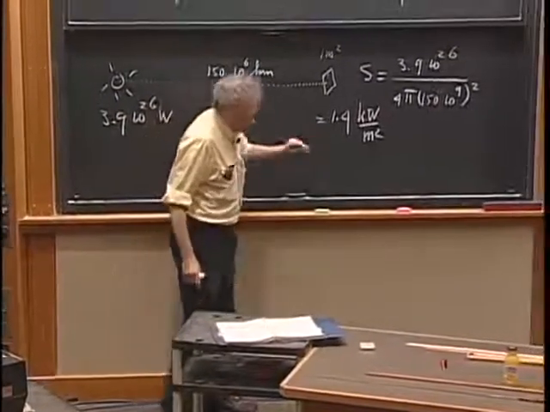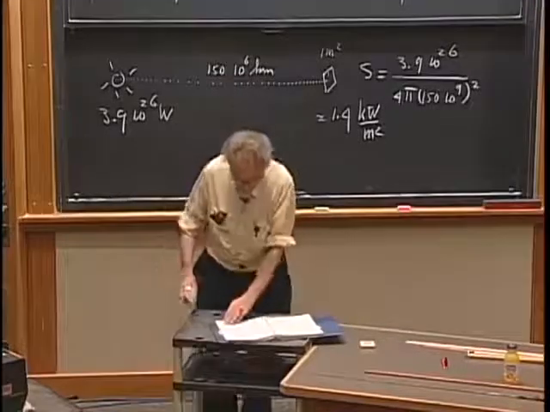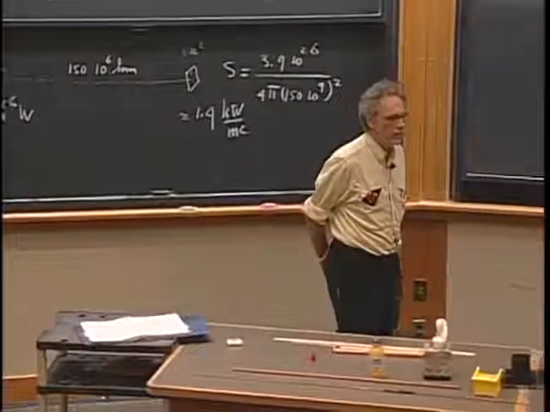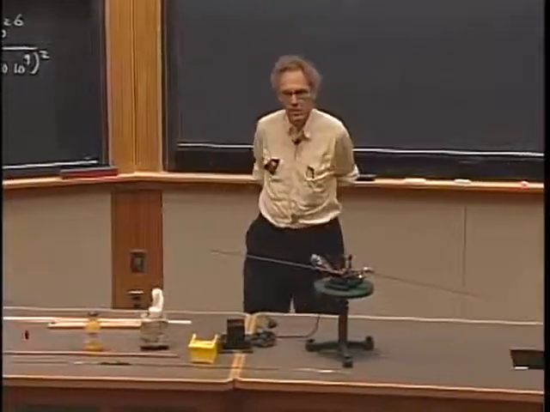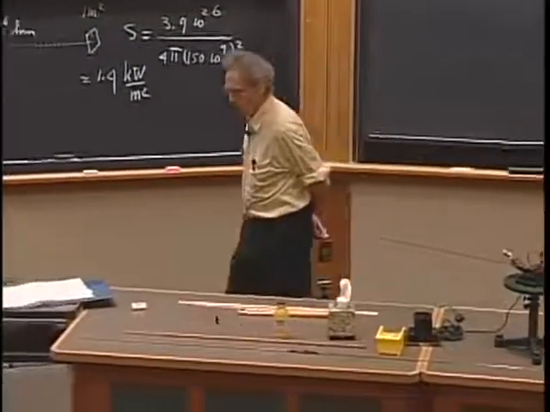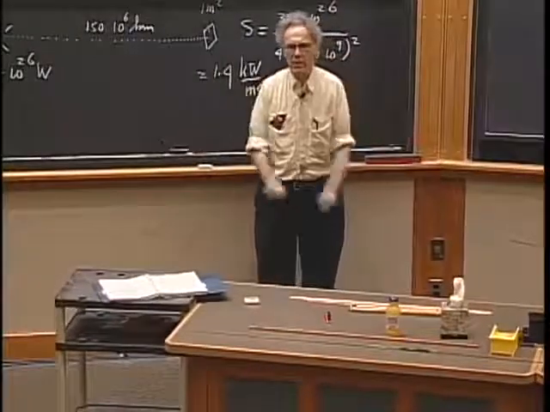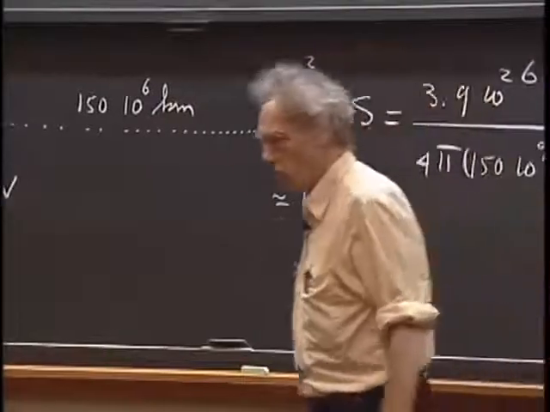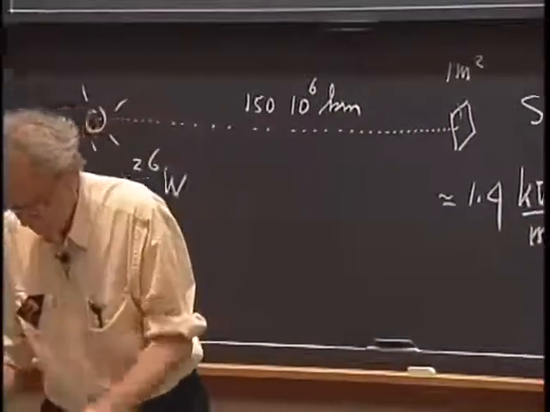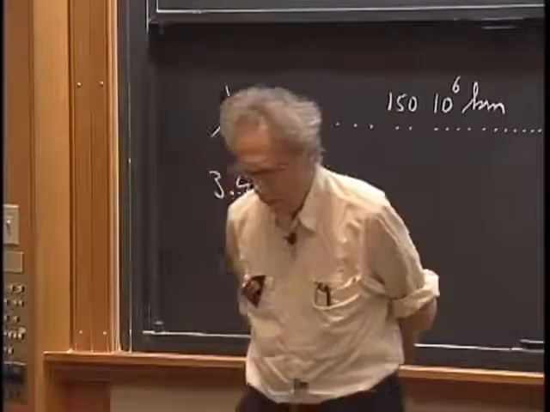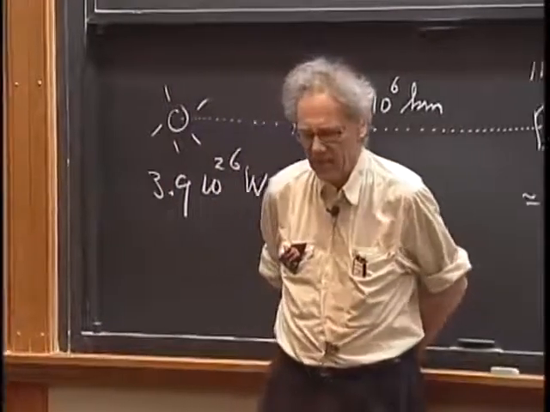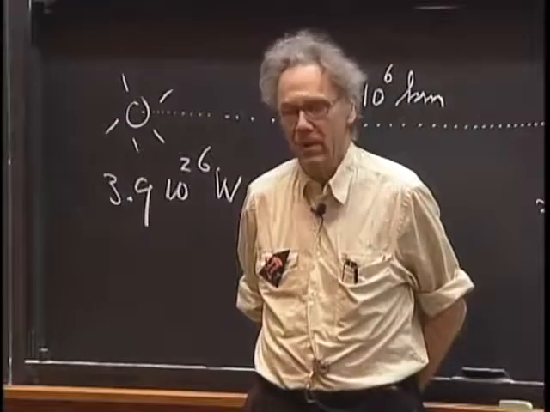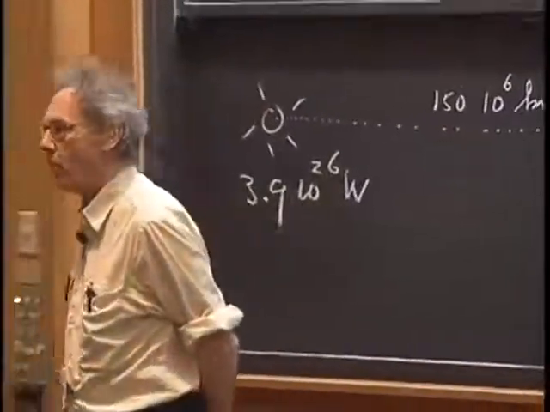This number is called the solar constant, and it has major implications, of course, for people who want to harvest solar energy. The maximum that you can ever harvest is, for every square meter that you dedicate to solar energy, you only get 1400 joules per second. You can never get more. The electric power capacity of the United States is 700,000 megawatts, for which you need 700 power plants.